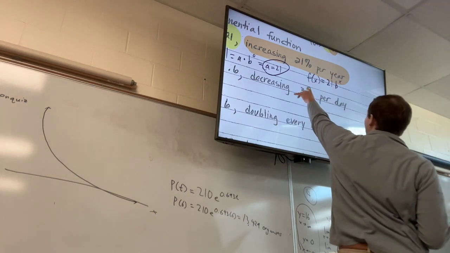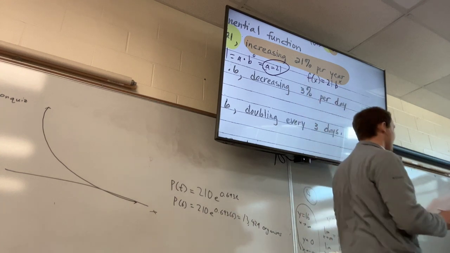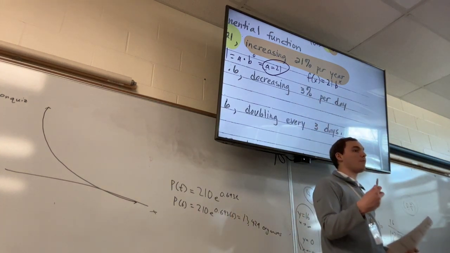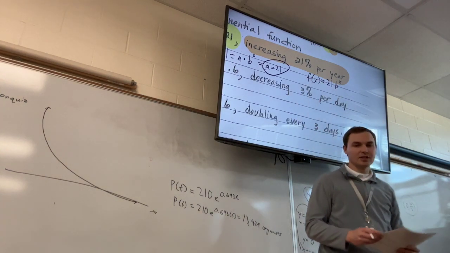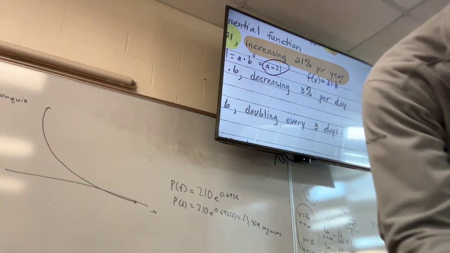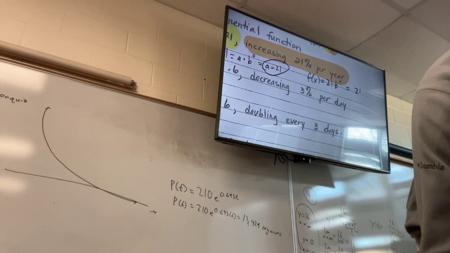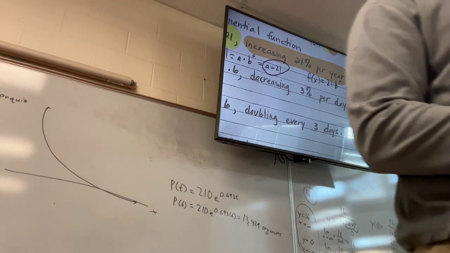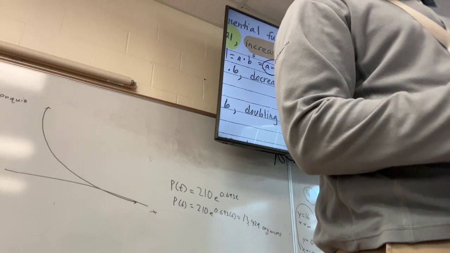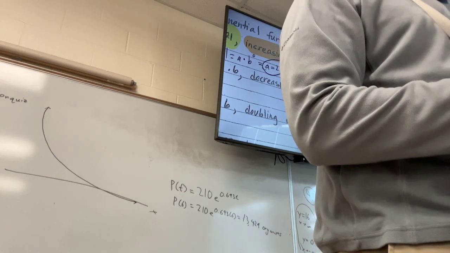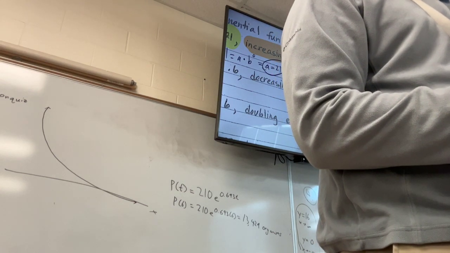So if it's increasing at 21%, that means we're multiplying by 1.21 every year. So b is equal to 1.21. Any questions on that?